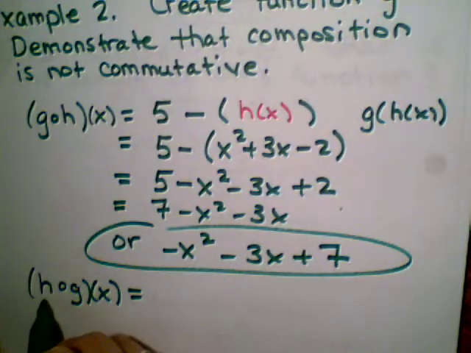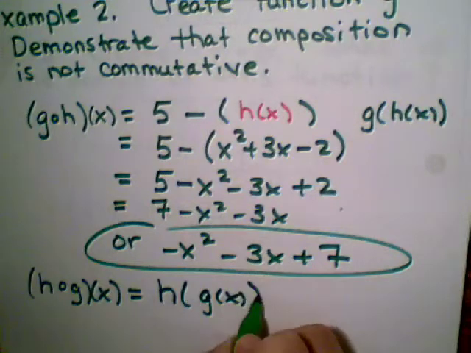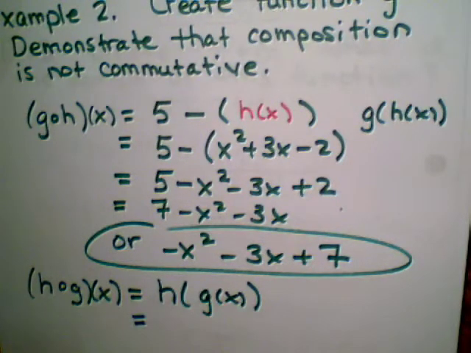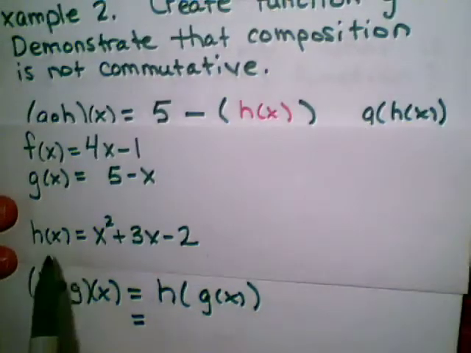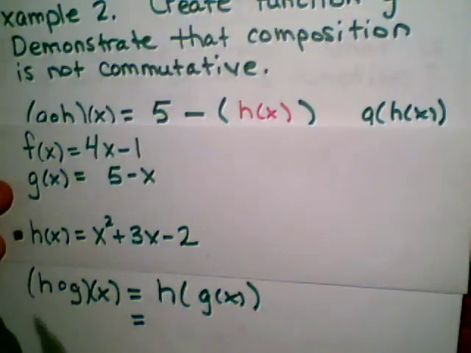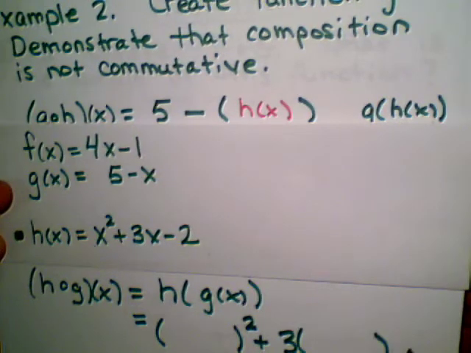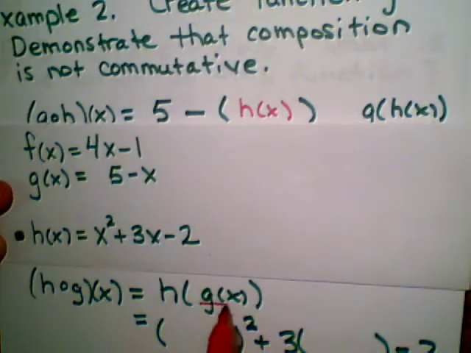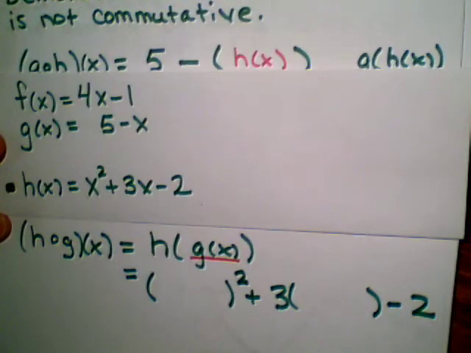Okay, checking your answer. h composed with g of x, by definition, is h of g of x. Reminding ourselves how h was defined, it's the polynomial input squared plus 3 times the input, take away 2. But in our case, the input is the function g of x.